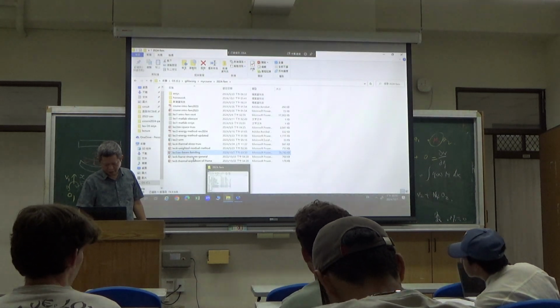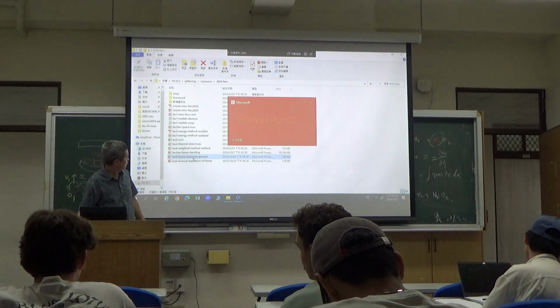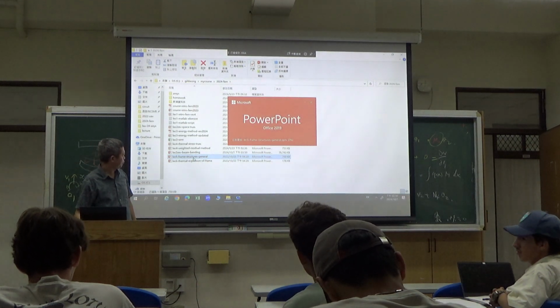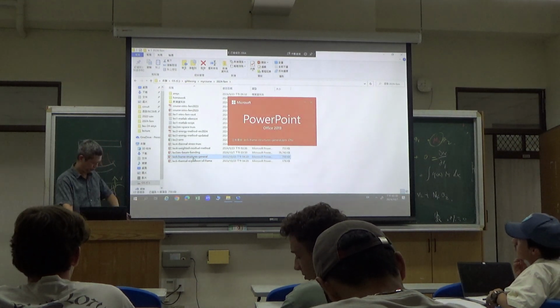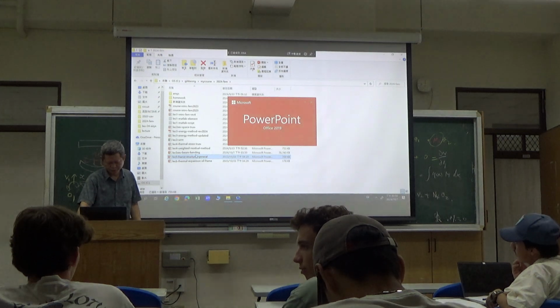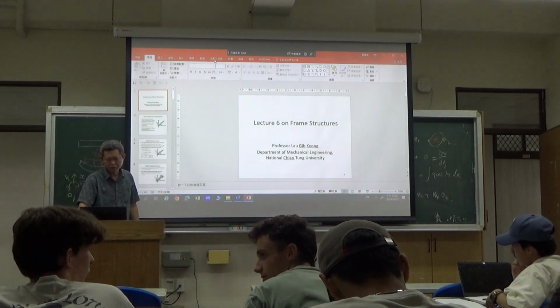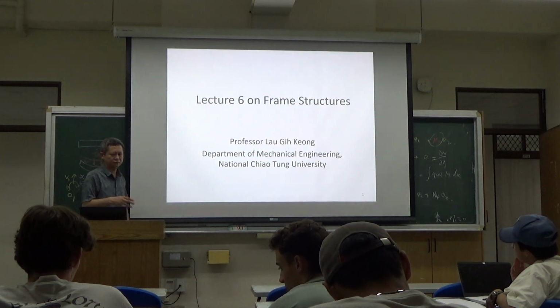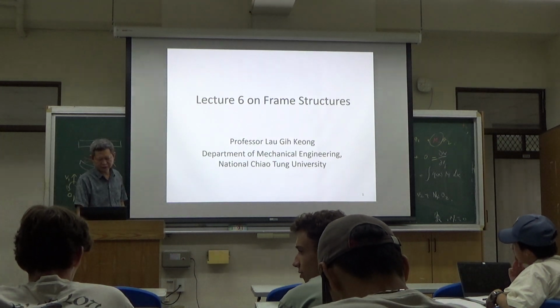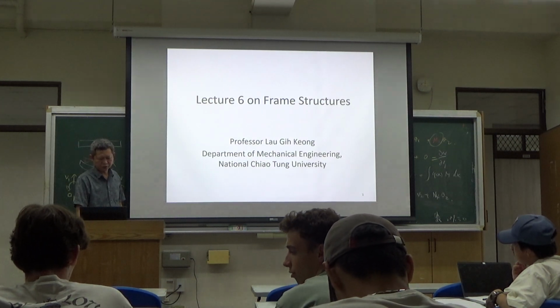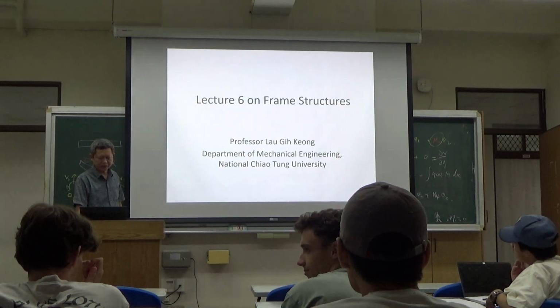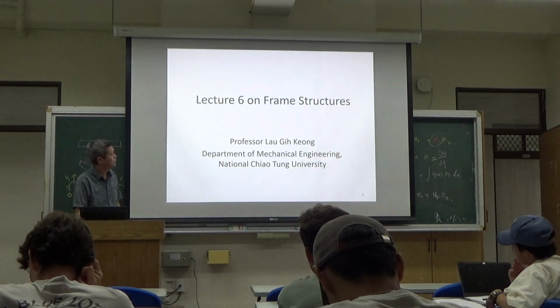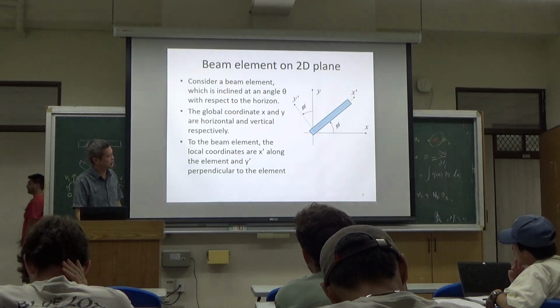Okay, next, we spend time on the frame structure. The idea of the frame structure is very close to what we had. A beam, how does it turn into a frame?